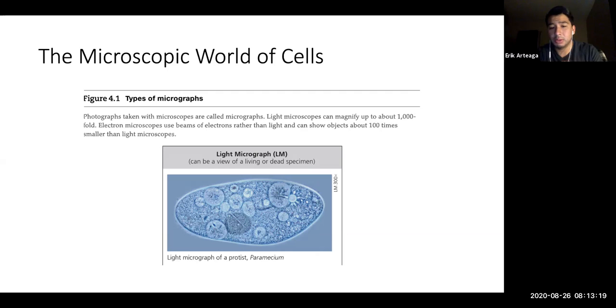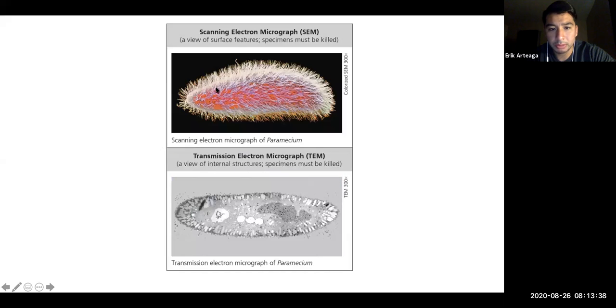And there's different types. We have the light, we have electron, we have different types of light microscopy. We have fluorescent microscopy, two-photon microscopy. We won't get into that, but just know microscopy is used to look at microscopic cells, so forth, okay?